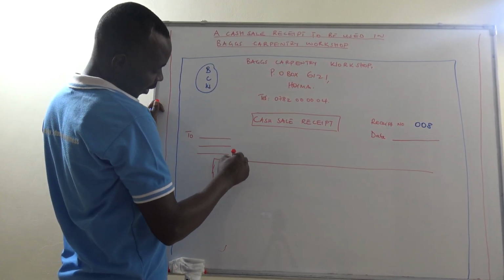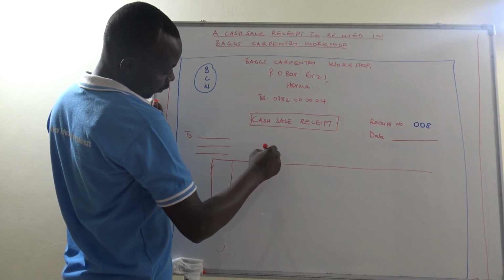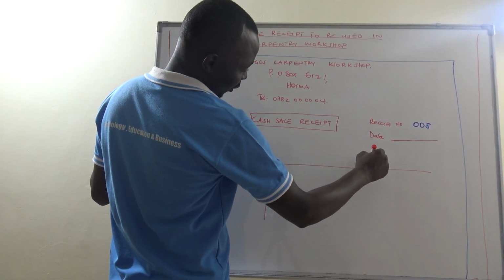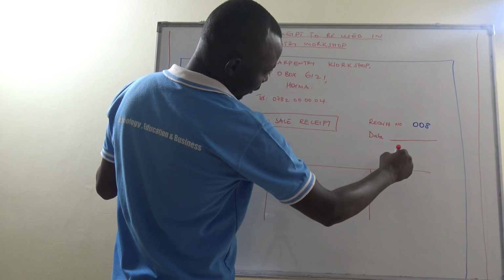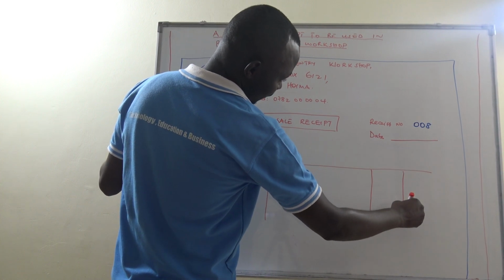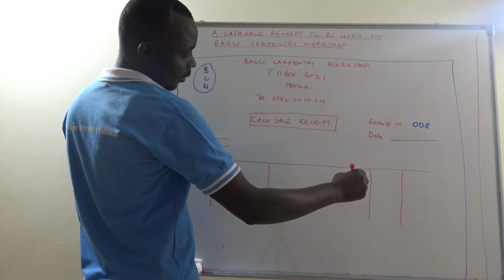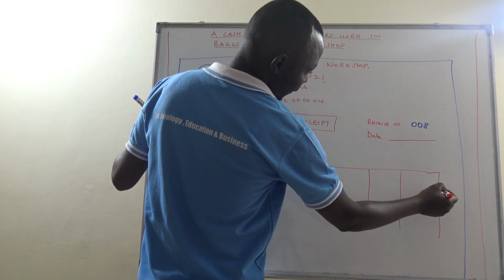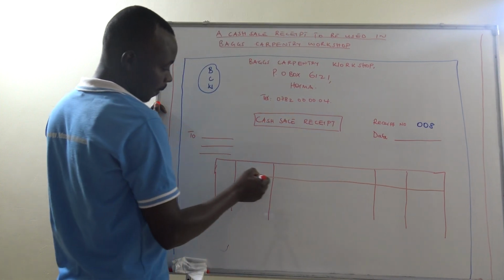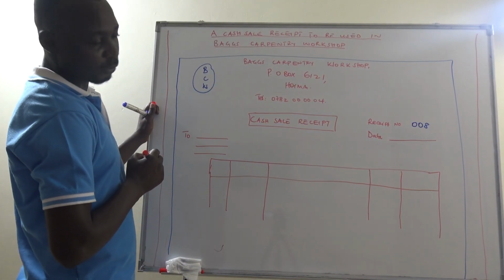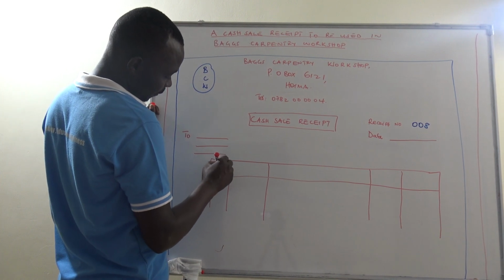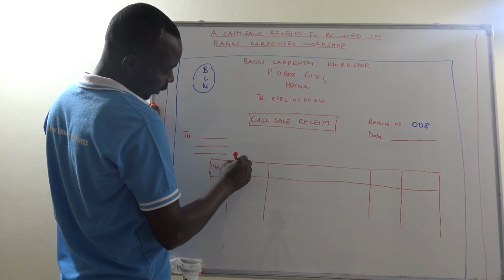This is item number, quantity, description, unit cost, and the amount. Are we together? This is the item, quantity.